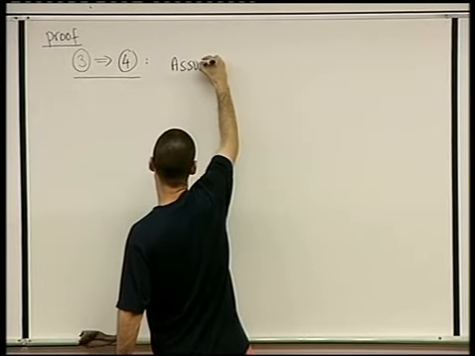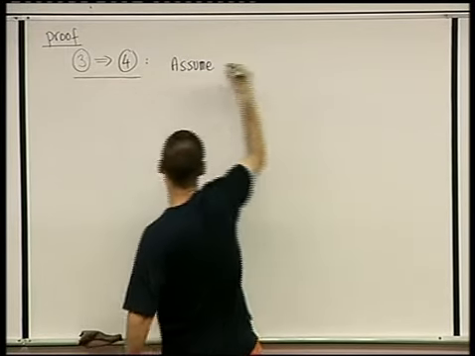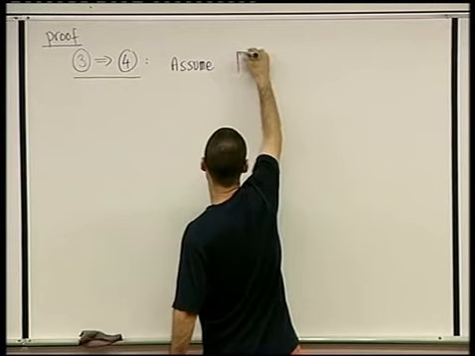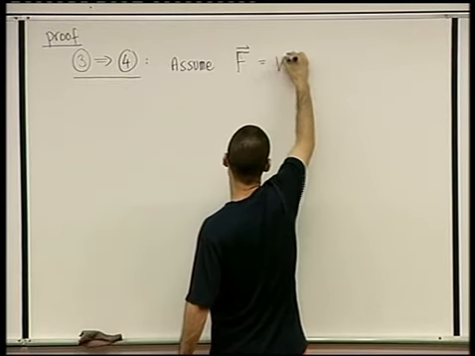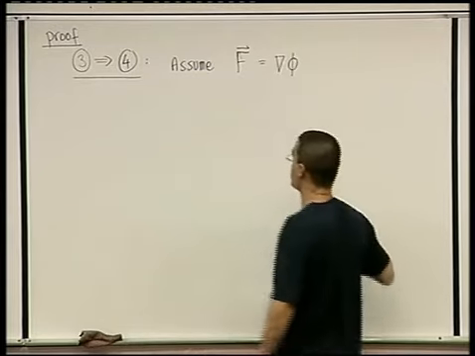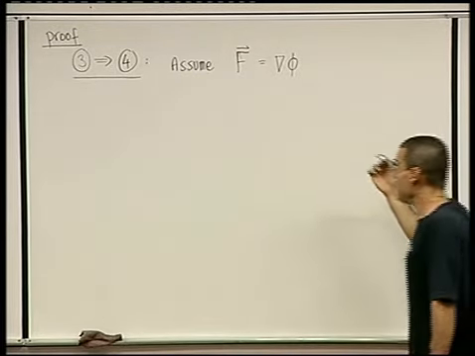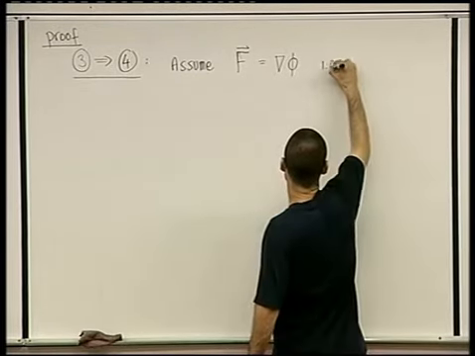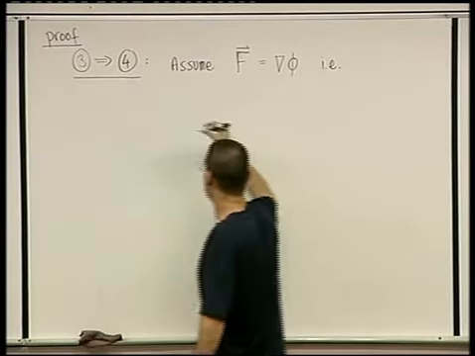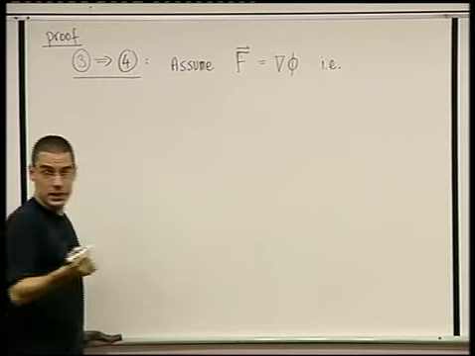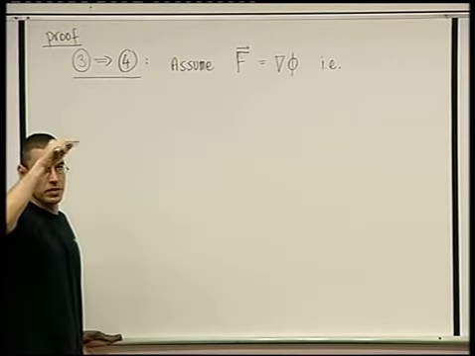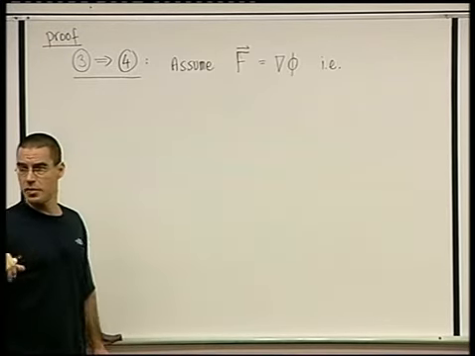Assume, now that our assumption is 3, that f is the gradient of phi, some scalar function. What does that mean? All that means is that the gradient of phi is the derivative of phi with respect to x and the derivative of phi with respect to y.